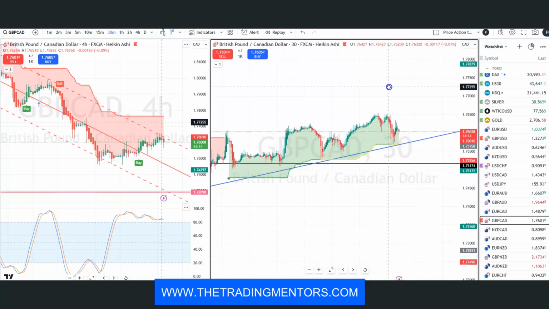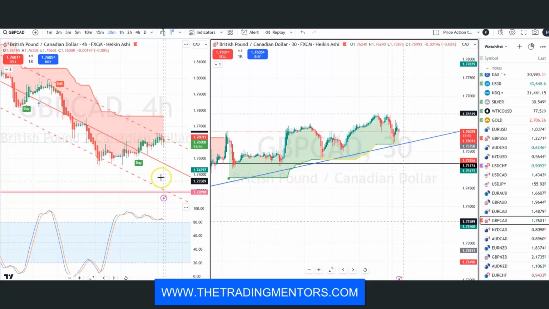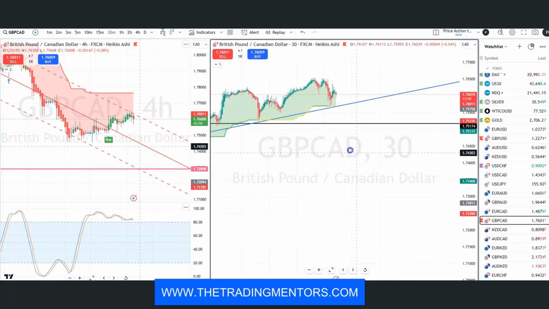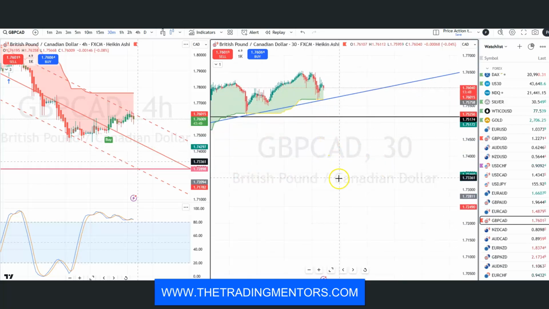Your entry point on the 30-minute chart is when everything goes red. Very simple. You just wait for it to go red, a new breaker structure breaks the downtrend, the upward support line, and away the price goes. We have another target here of 172.89, down here, and we're going to get a massive move down to there.